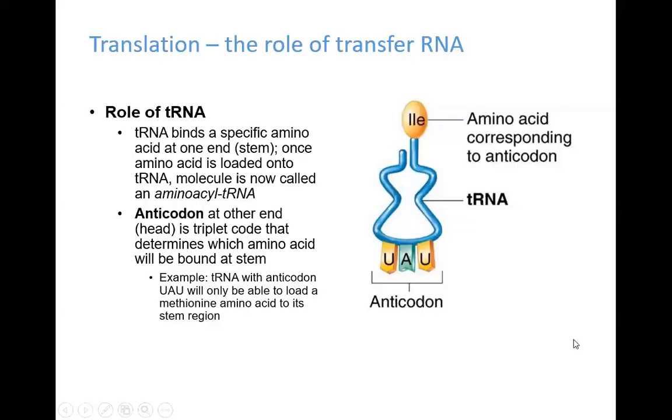Now this is where we left off Tuesday. And we're talking about translation. Translation has to do with taking the instructions from the DNA and turning them into a protein, because the DNA never leaves the nucleus. The DNA is the cookbook.